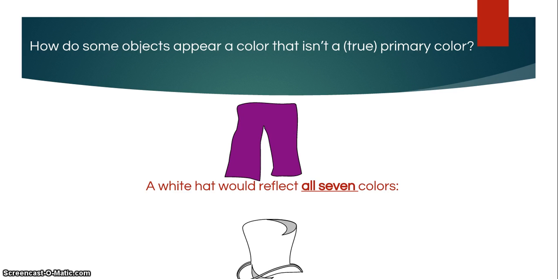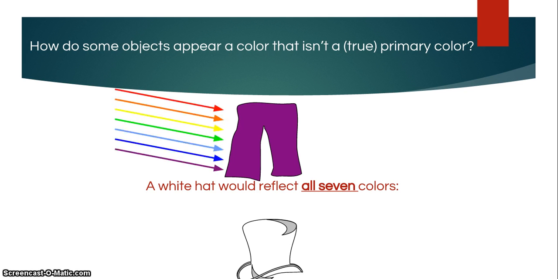Okay. Now, sometimes it can be a little tricky because you might have more than one color, and usually you would have more than one color of light being reflected towards your eye, because we don't always see things as true red or true blue or true green or true black or white. So let's talk about what happens if we see maybe purple pants.